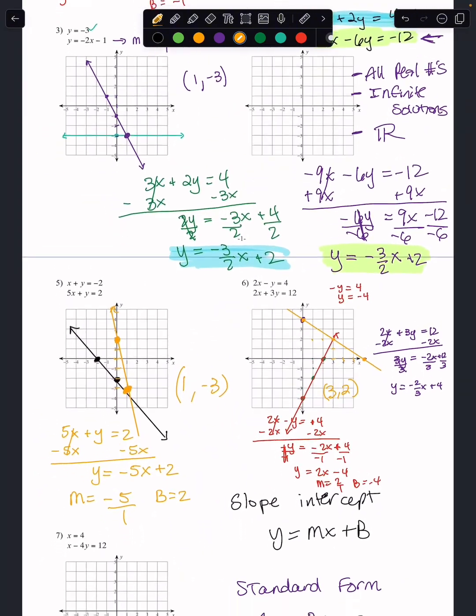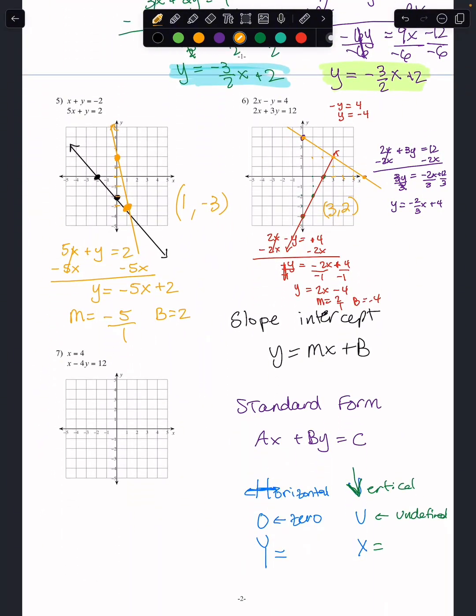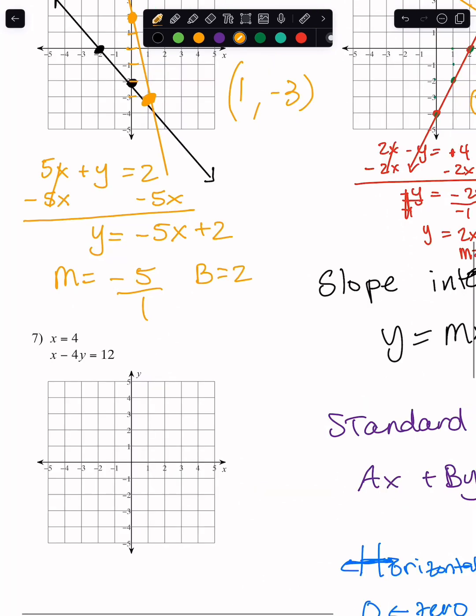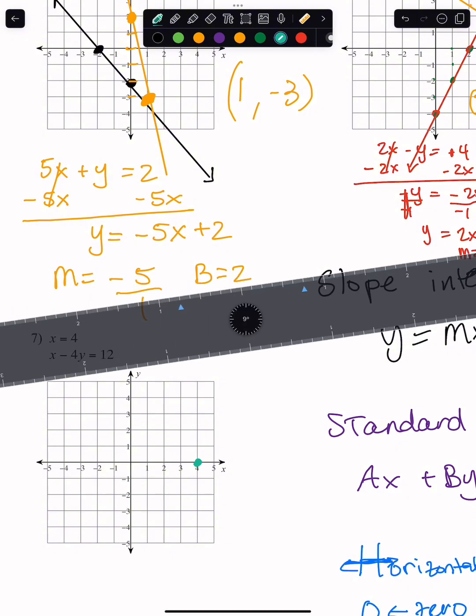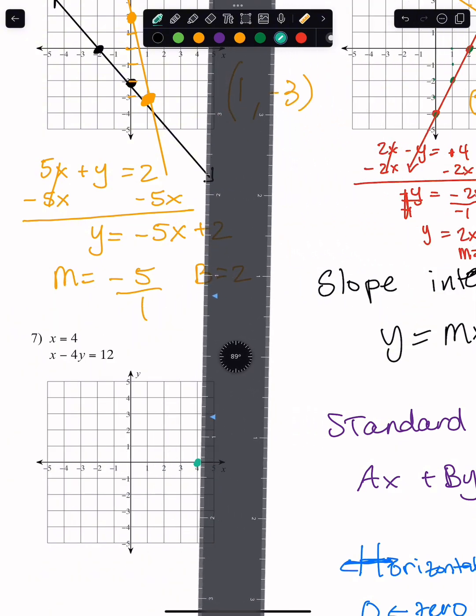That means that x is a vertical line and it's going to go through the 4 on x. And now I need to do a vertical line. And there's that. Beautiful. So that's this one. Check.